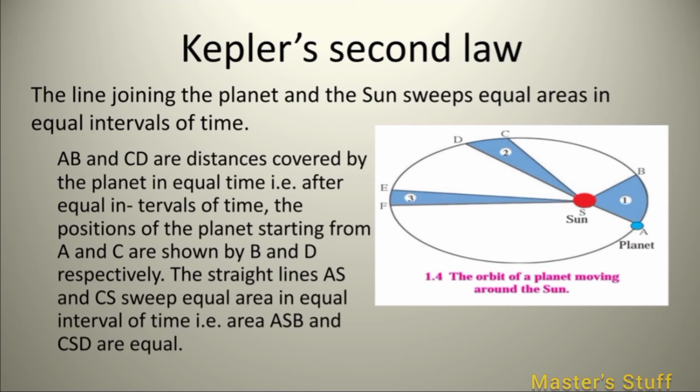Then while travelling from C to D, it will cover the same area, that is about x unit square, if the time required is also the same, that is 1 hour. Thus, Kepler's second law shows that equal area is covered in equal intervals of time.